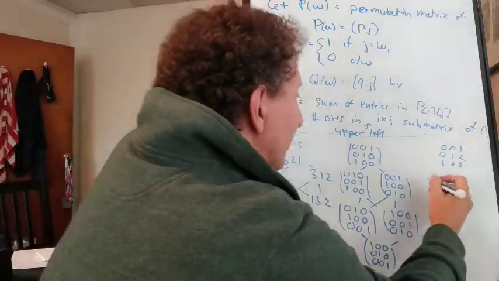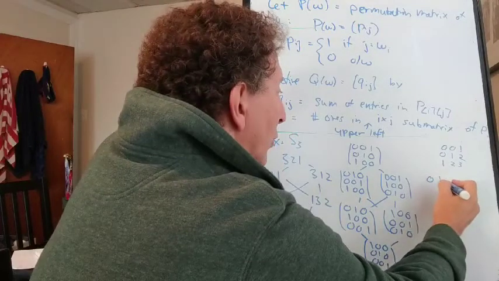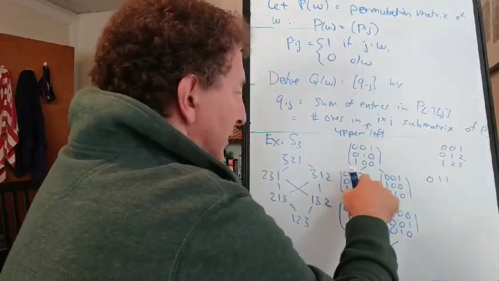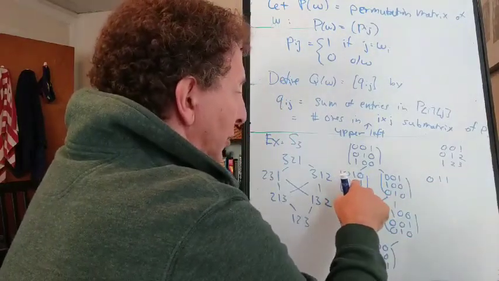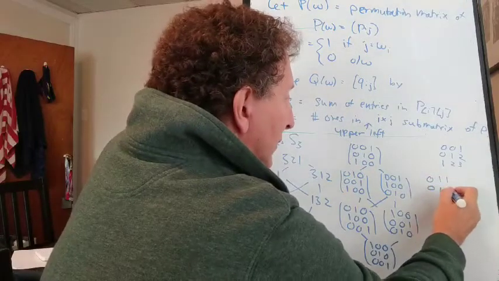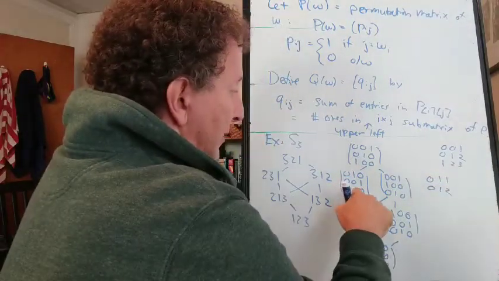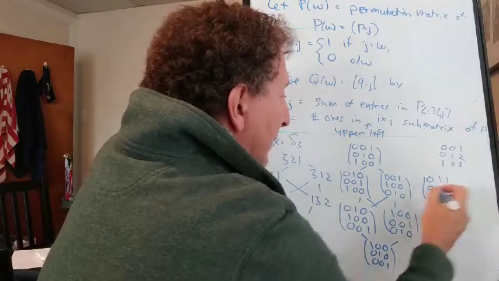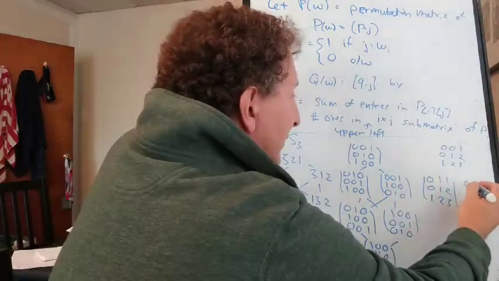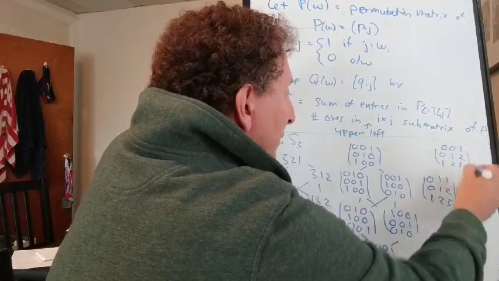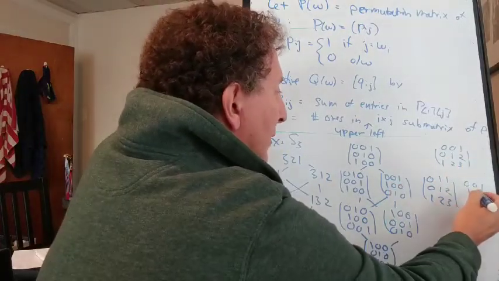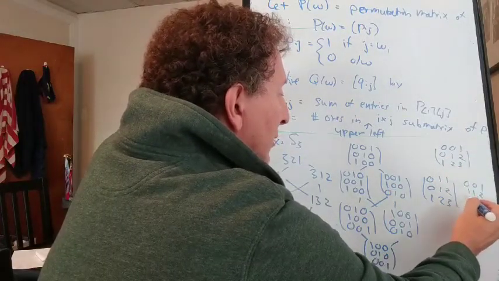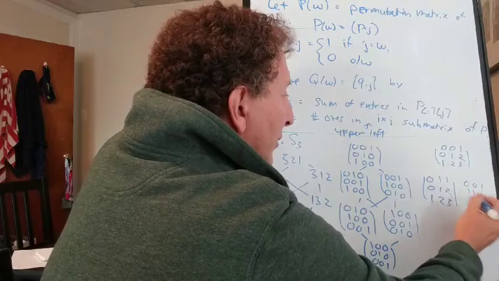All right, here we have 0, 1, 1, 0, 1, 2, 1, 2, 3. And then here, 0, 0, 1, 1, 1, 2, 1, 2, 3.